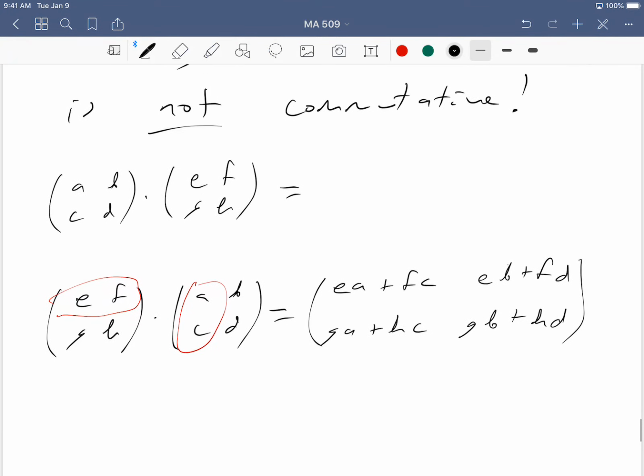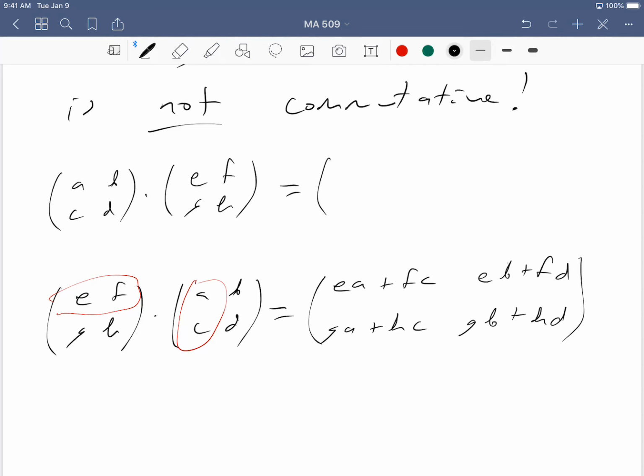And if we look at what we did in the first place, I'm just going to jot it down real quick. And CF plus DH.